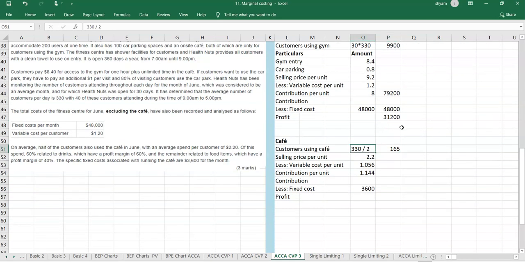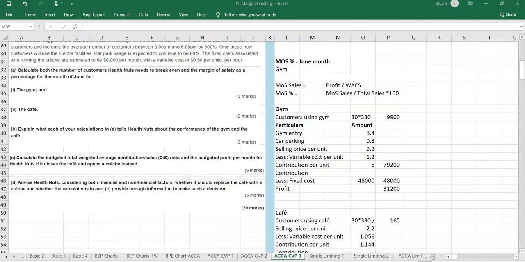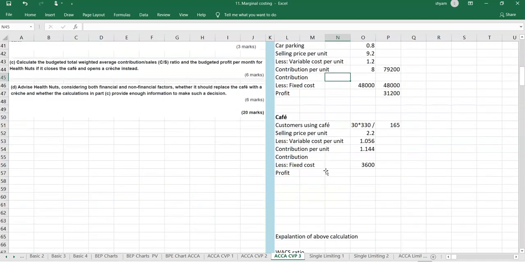Let's get for cafe. So again in cafe also it is 30 into, okay. So let's find out the cafe's profit.